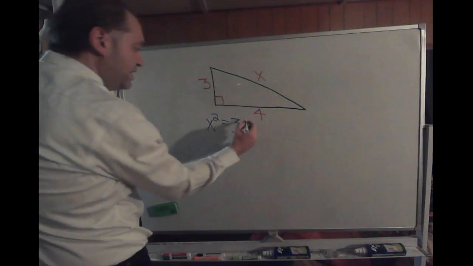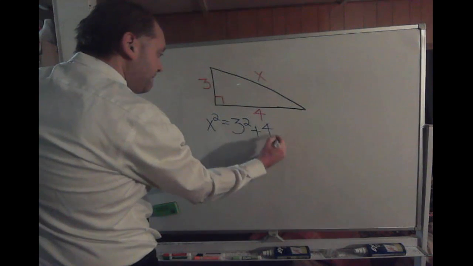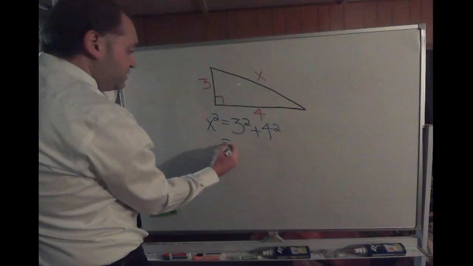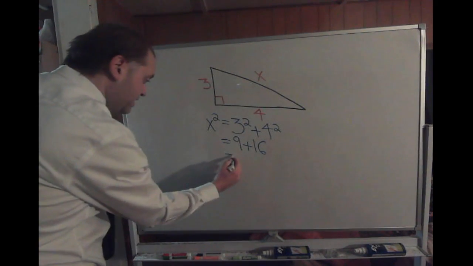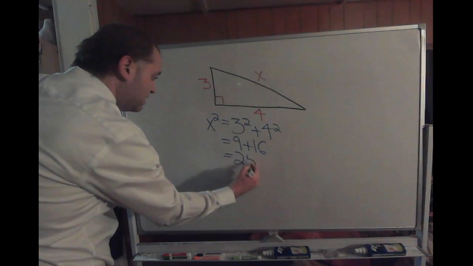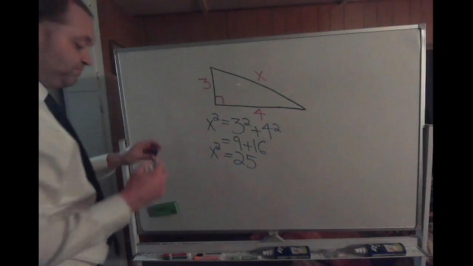So x squared equals 3 squared plus 4 squared, which would then, of course, give you 9 plus 16, which would give you 25. So we have the value of x squared is equal to 25.